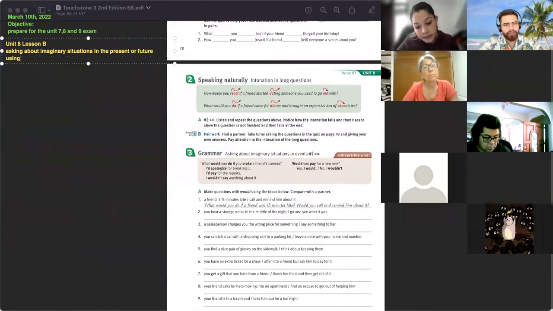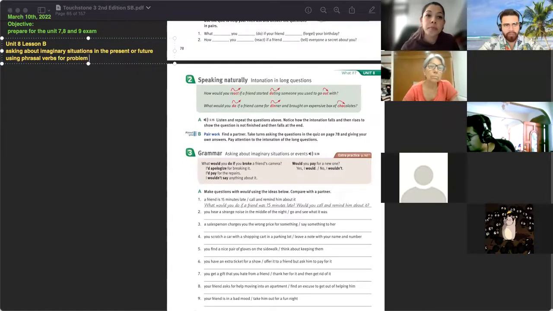And we are also using phrasal verbs for problem solving.